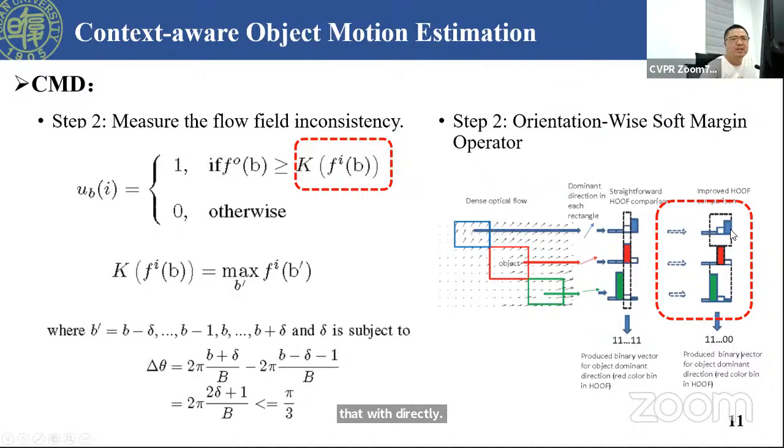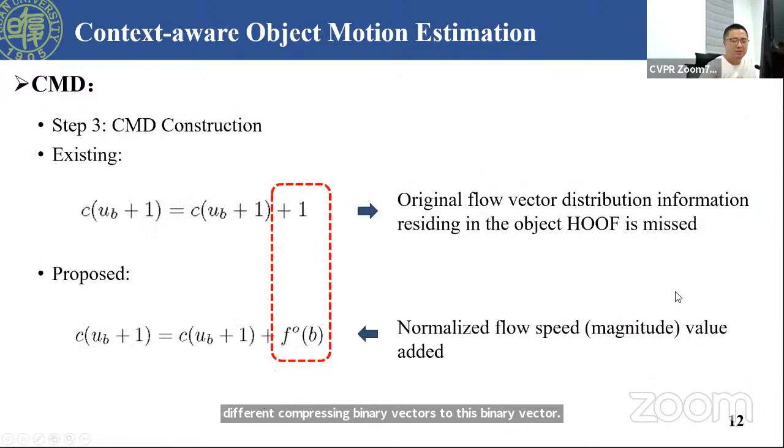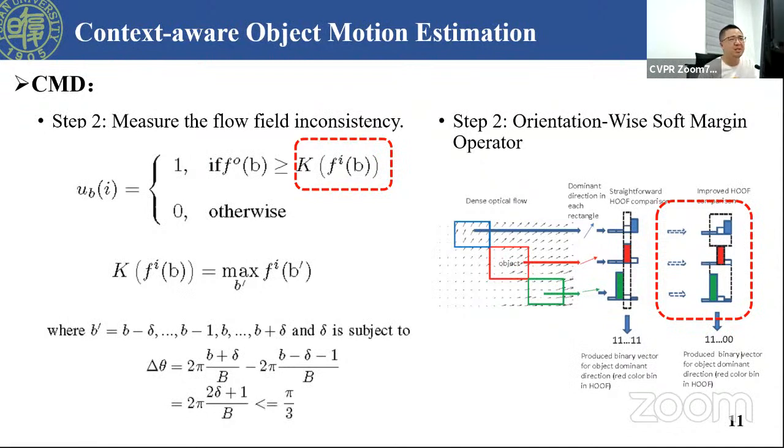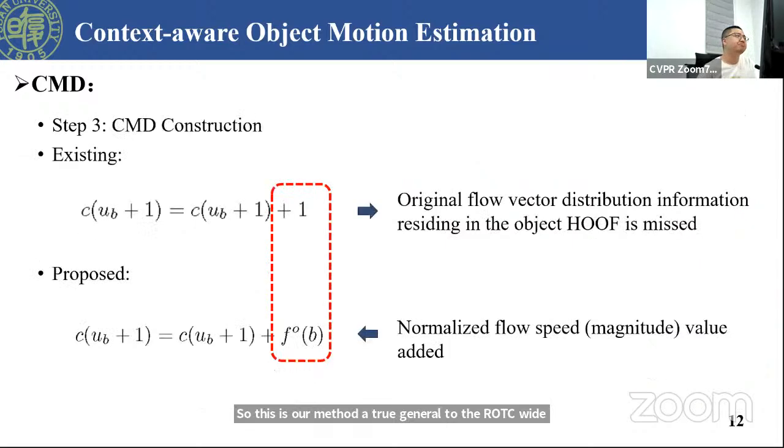But if we extend its bins to a certain neighborhood, then it will give a different comparison binary vector. This binary vector will be more accurate and more reliable than the original one. This is our method to generate the orientation-wise soft margin operator.